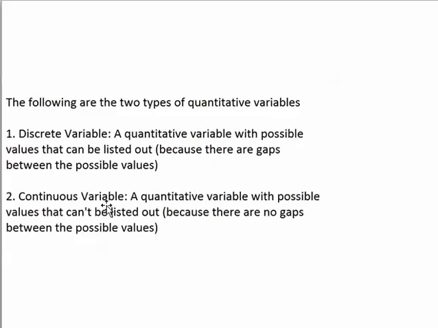A continuous variable is a quantitative variable that has a continuous or steady stream of possible values. When a variable is continuous, there's a range of possible values, and anything along that range is a possibility. Think of a variable like temperature. There might be a lowest possible temperature and a highest possible temperature, but anything between those 2 points is a possible temperature.